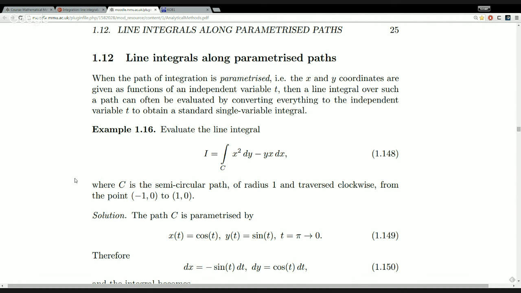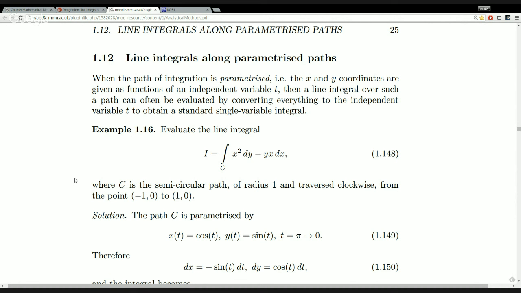So we have something to substitute for x and y, something to substitute for dx and dy, and after we do those substitutions, the whole thing comes out as just an integral all with respect to t. That's developed in the rest of the example in the notes. We start off with the original integral, x squared dy minus y times x dx, and make all the substitutions for x, y, and the differentials dx and dy.